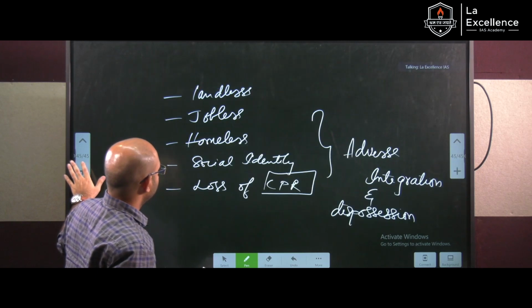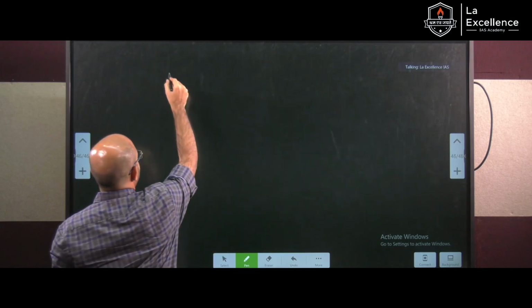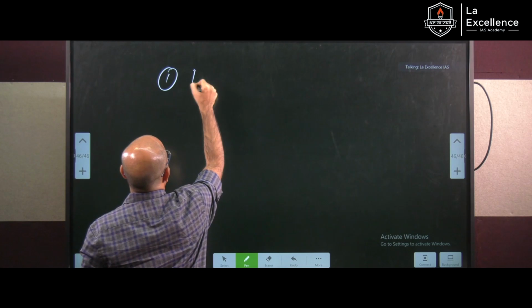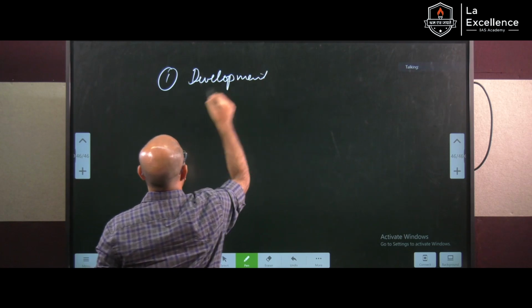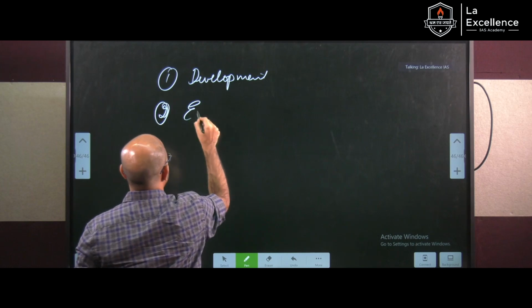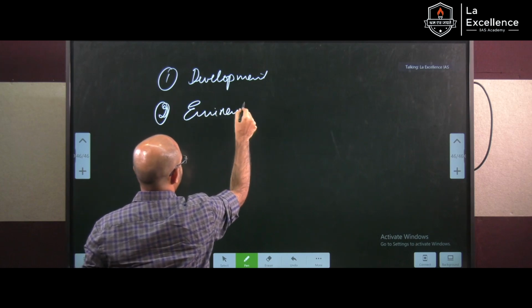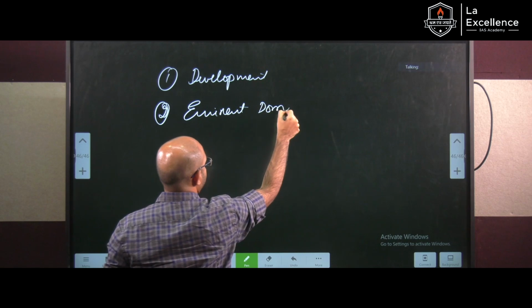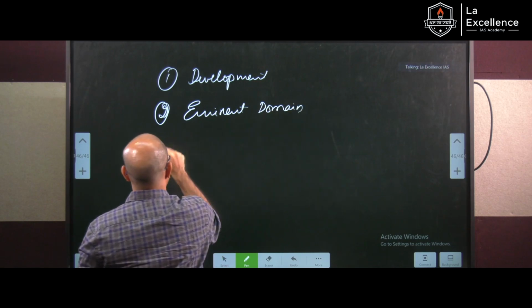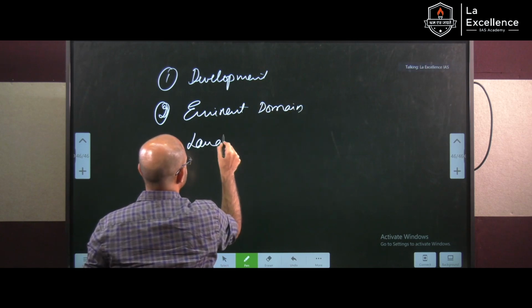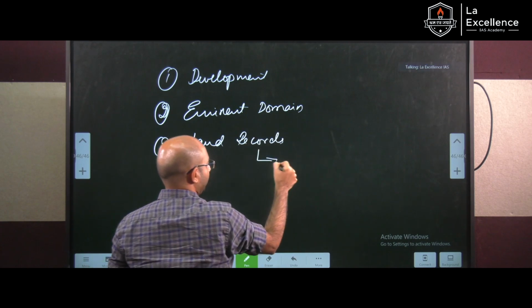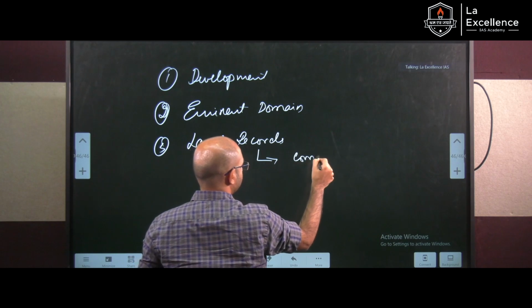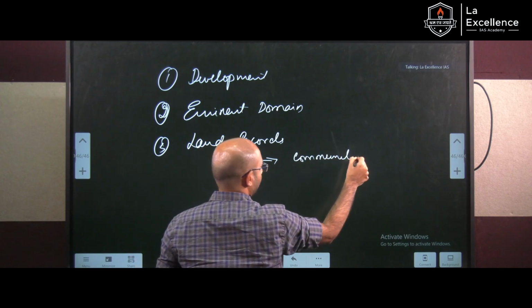Here also, the Kaka committee gave many ways in which it happens. First is of course development projects. Then land acquisition by government using its powers of eminent domain. Then problems in land records. Land records are manipulated, or land records fail to recognize the community ownership of land by tribals.